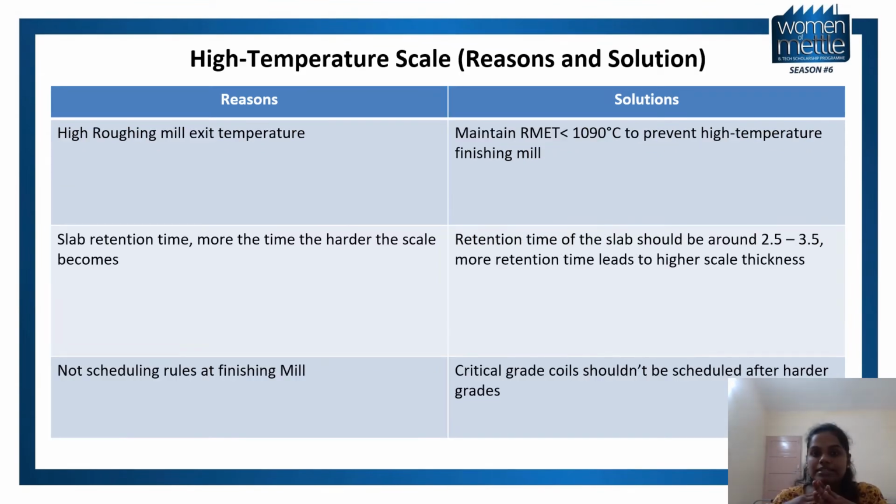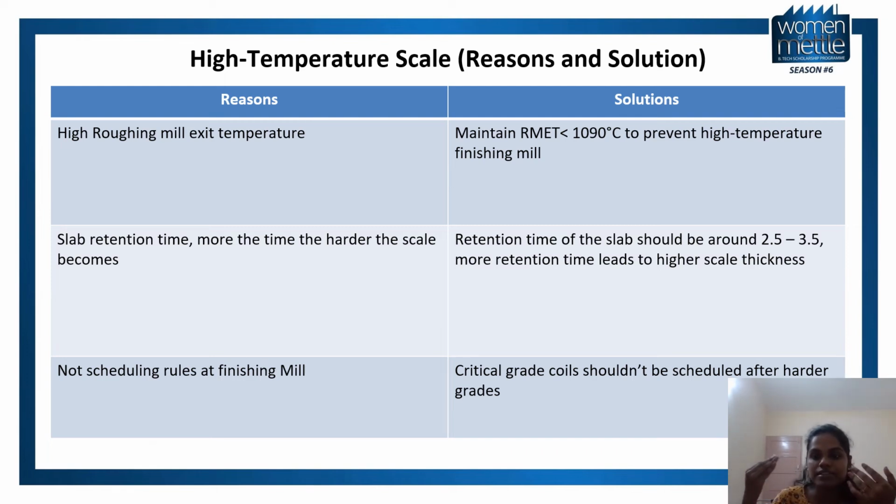Moving ahead to high temperature scales. High roughing mill exit temperature is one of the reasons why we observe this sort of scale. Then the slab retention time: the more time the slab is on retention, the harder the scale becomes. And then not having a proper scheduling of the rolls in the finishing mill. The solution is to maintain the roughing mill exit temperature below 1090 degrees C to prevent high temperature scales.